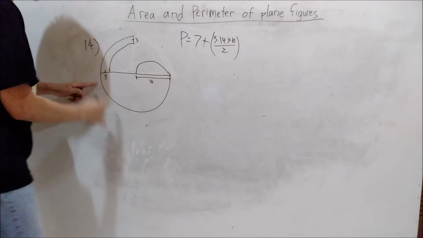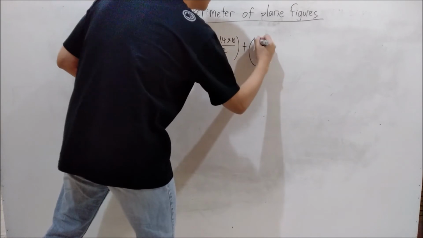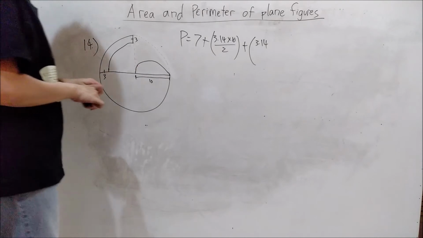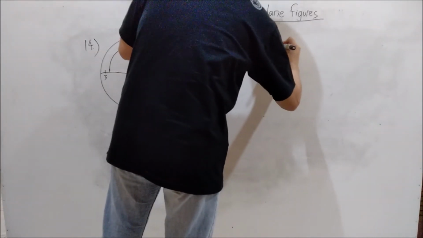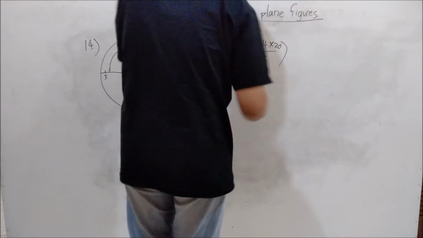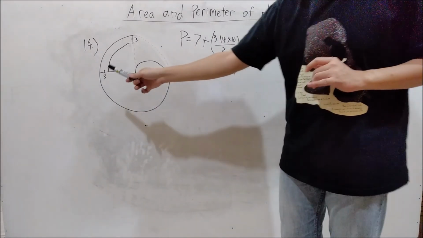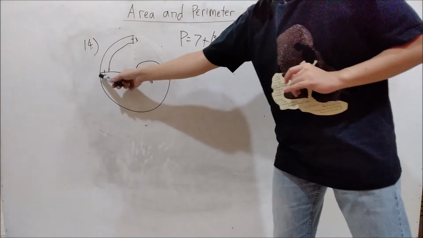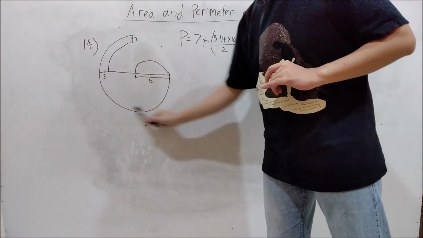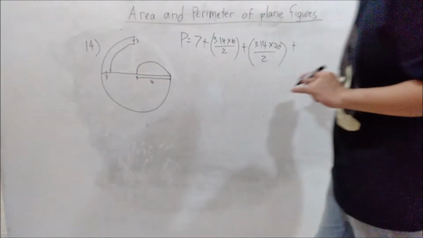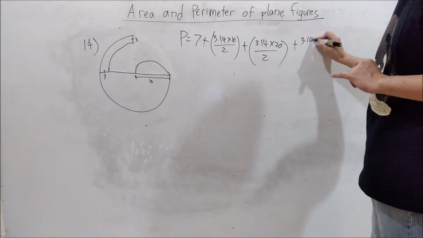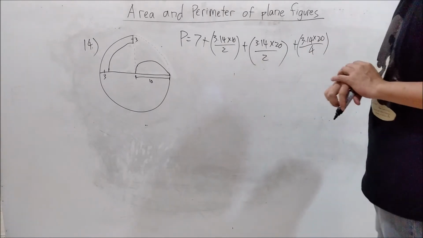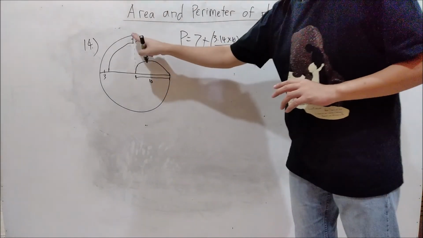And then the big circle: 3.14 as well, because the radius is 10, so the diameter will be 20. 3.14 times 20 divided by 2. And then we will take the quadrant. The quadrant will have the same diameter as the big circle, so 3.14 times 20 divided by 4 this time. And then after that, we will add the 3.